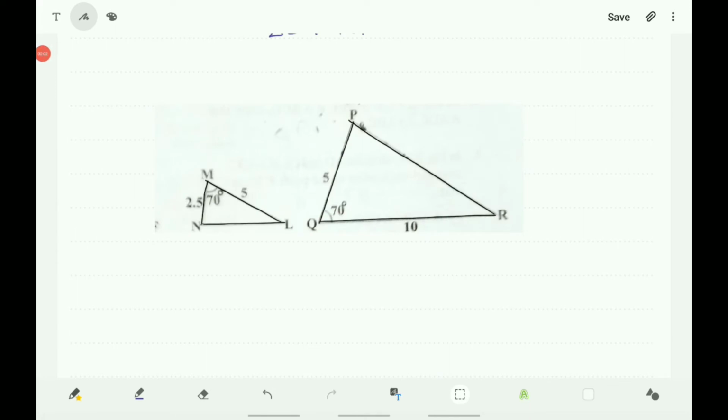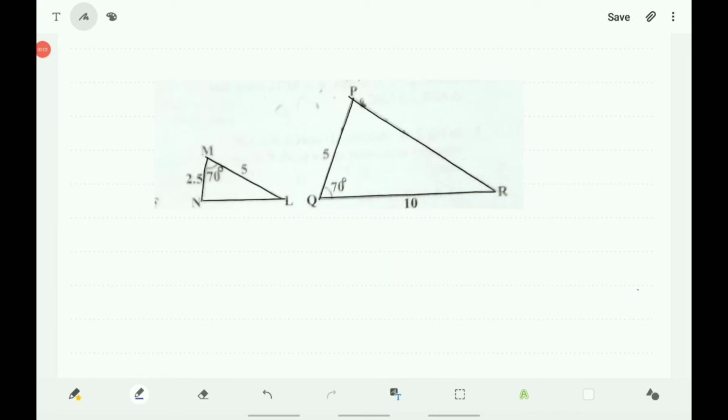Next pair of triangles are triangle LMN and triangle PQR. Observe the triangles here. In the first triangle, angle M is given, and in the second triangle, angle Q is given. They have the same measurement, and the included sides MN and ML are given, and in triangle PQR, the included sides PQ and QR are given.